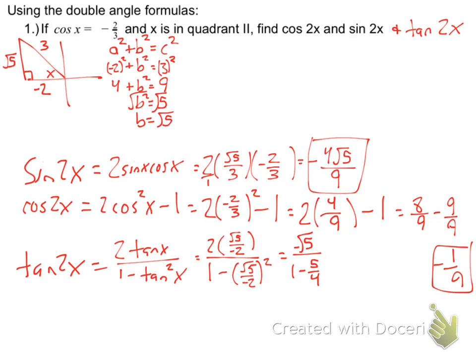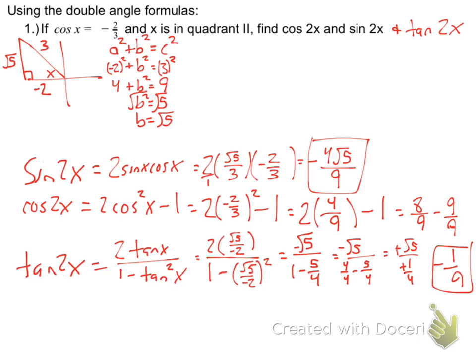That 1, to get a common denominator, needs to be 4 over 4. So 4 over 4 minus 5 over 4 is negative 1 over 4. So it'd be a negative square root of 5 over negative 1 over 4. What's negative divided by negative? Positive. So this makes it go away.